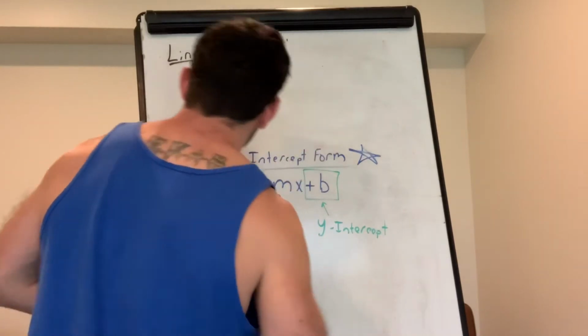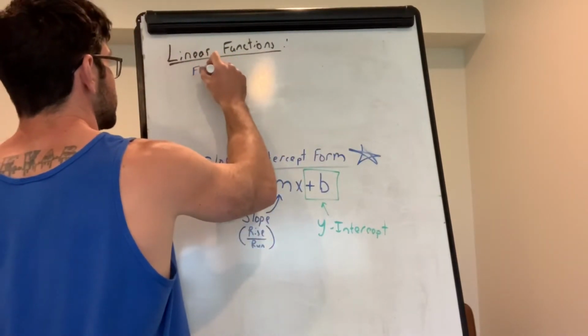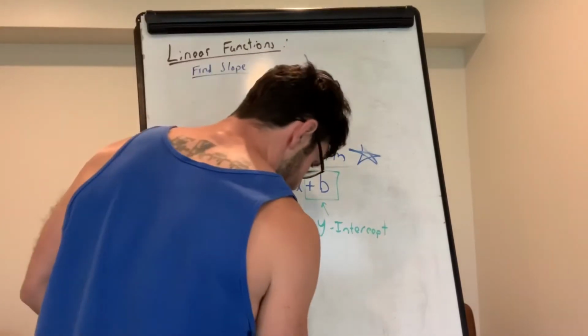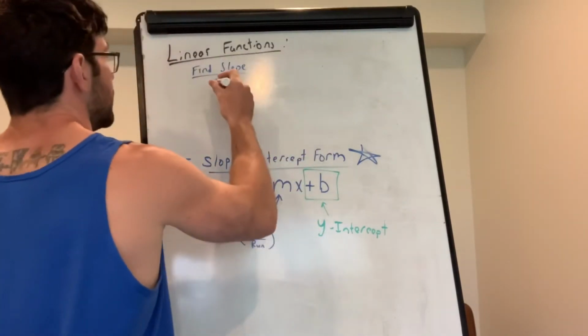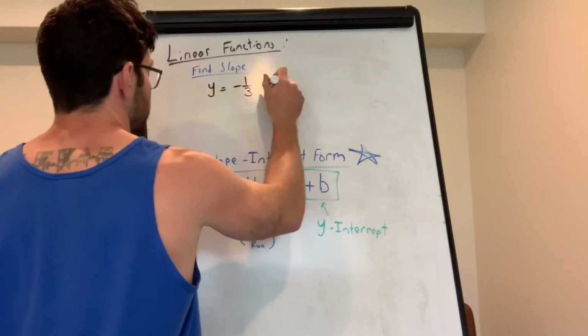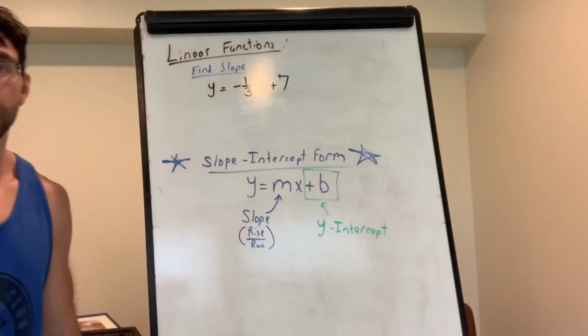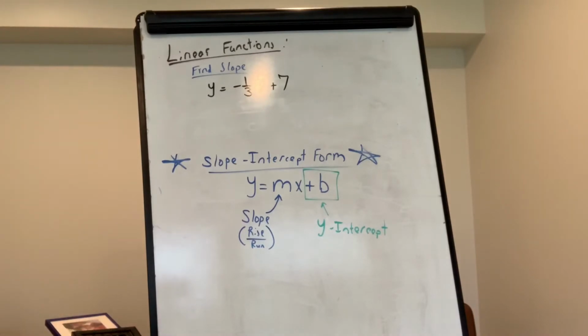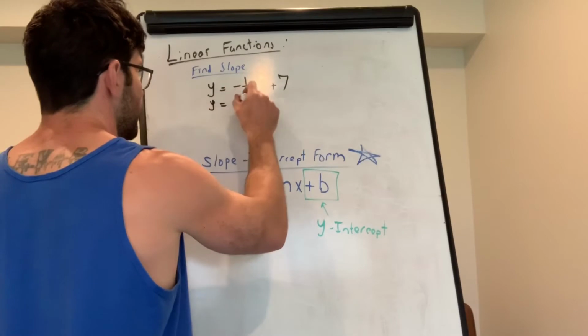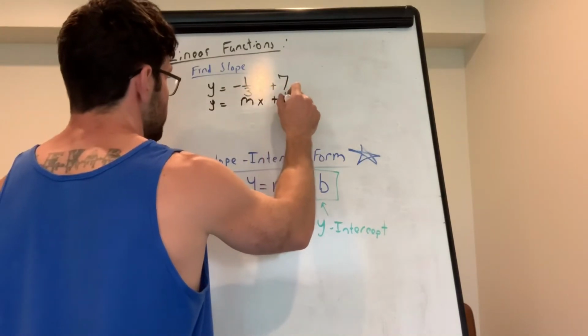So it's going to say find slope. And then I'm going to have an equation that looks like y equals negative 1/3 x plus 7. And I'm going to say, okay, what's the slope? Well, you're going to say, okay, is it in y equals mx plus b?